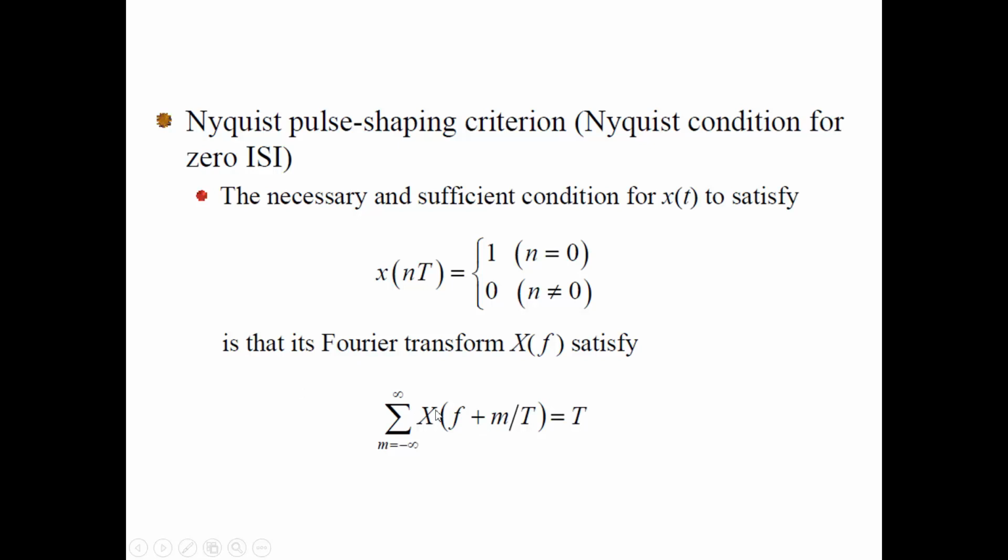The summation of all the spectra of the x(t) pulse that is coming at the receiver end should be a constant T. That means when the various spectra are superimposed on each other, after being delayed by multiples of 1/T, the superimposition of those spectra should lead to a constant value.